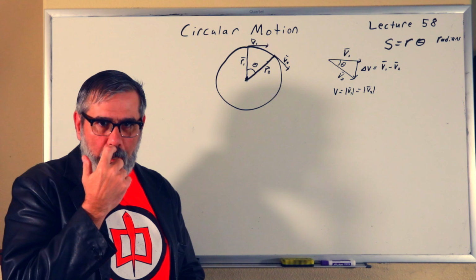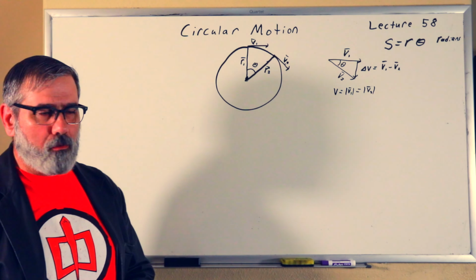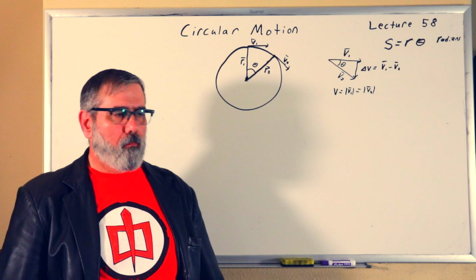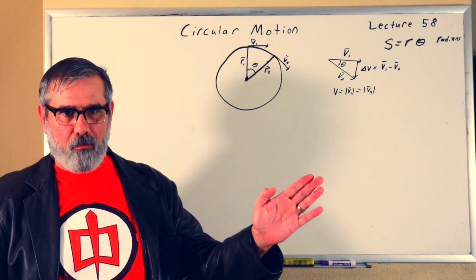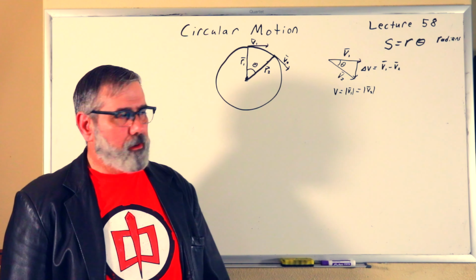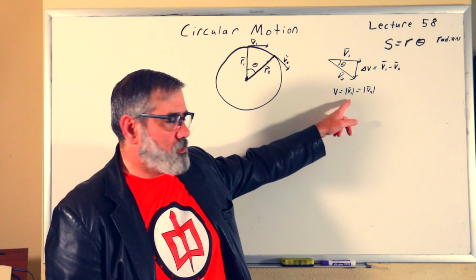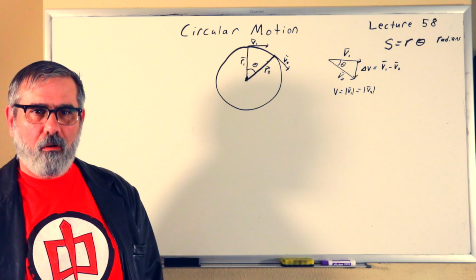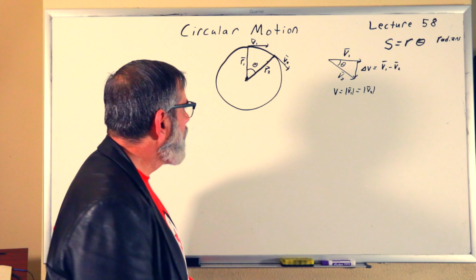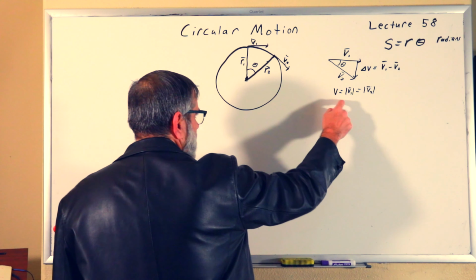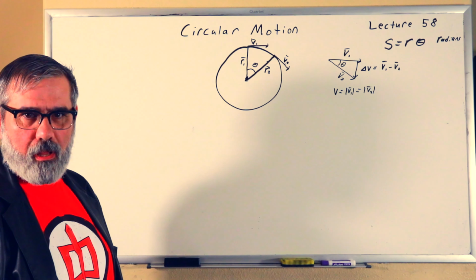Remember, v1 and v2 are vectors. They have a direction and a magnitude. So it could be 1 meter per second north, and some time later it's going 1 meter per second east. The magnitude is just disregarding the angle.